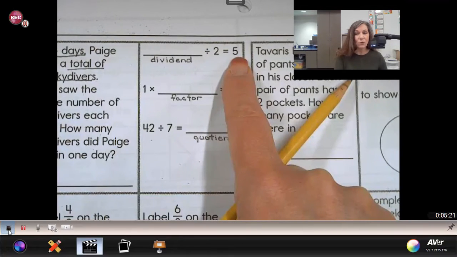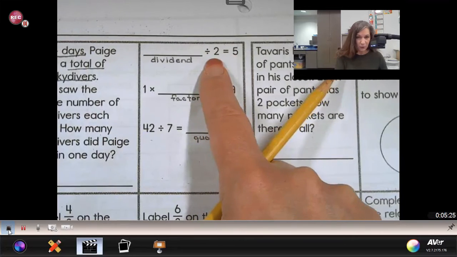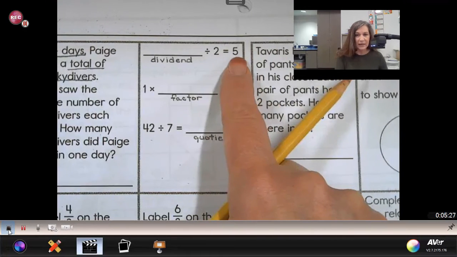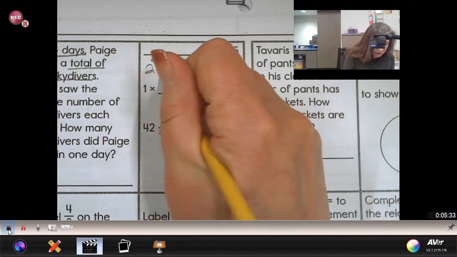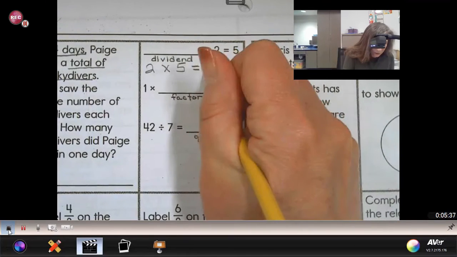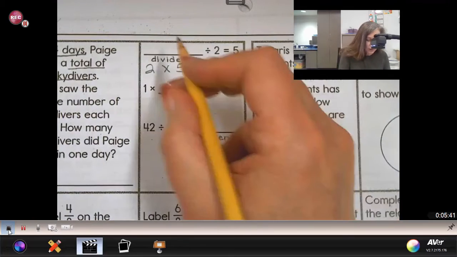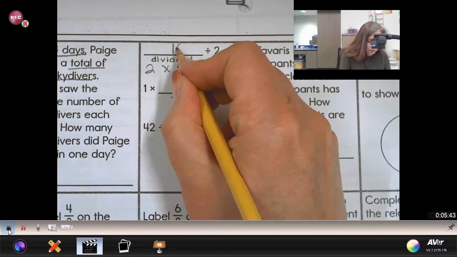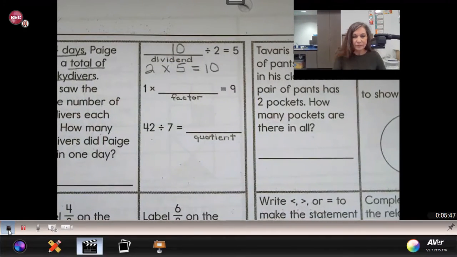So this tells us that to find this total, we know our groups, we know the number in each group, and so we can find the total by using multiplication. So if I have two groups and I have 5 objects in each group, then I know I have 10 total objects. So I can take that 10, which was my product, and now I can use that as my dividend.